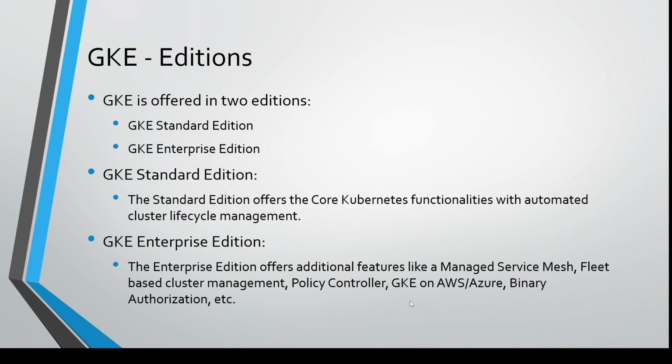And with GKE Enterprise, you can also run your GKE cluster on an AWS or Azure cloud environment. So basically, you have to configure the authentication, how GKE authenticates with your AWS cloud or Azure cloud, and how it creates the compute, storage and other resources that are needed for the Kubernetes cluster to be hosted on the AWS or Azure cloud.